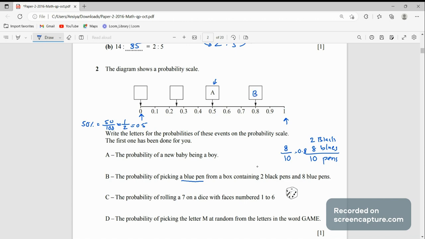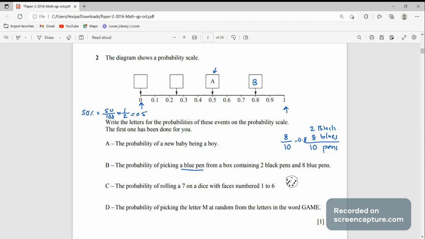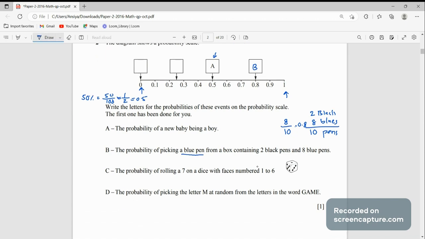So we are solving the probability and then filling the empty box. Next one. The probability of rolling a 7 on a dice with faces numbered 1 to 6. Is it possible? A dice, we know the numbers are 1 to 6. So when we roll a die, will we get a number 7? That's an impossible event with the probability 0. That will never happen.